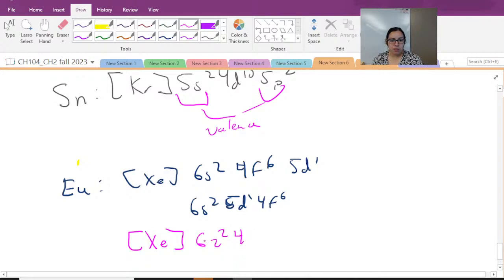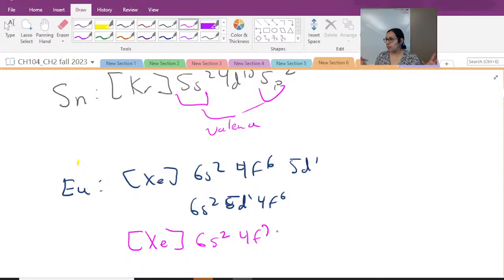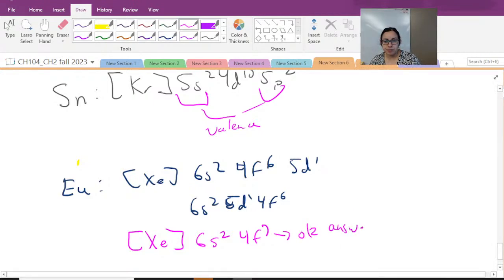So if you have 6s2, 4f7, that's not ideal because we kind of skipped over lanthanum, but it wouldn't be wrong, right? Does that make sense? So we still have the right number of total electrons. We're still kind of filling it up in order. So we stuck lanthanum in our f block. We could have gotten that. So I'll say, okay, answer. It's just not ideal.